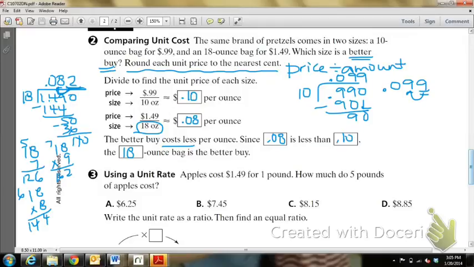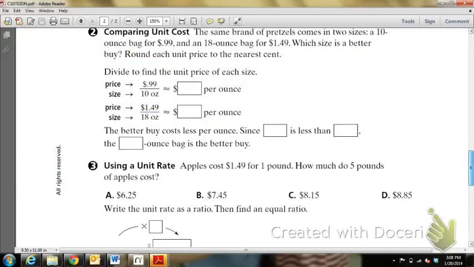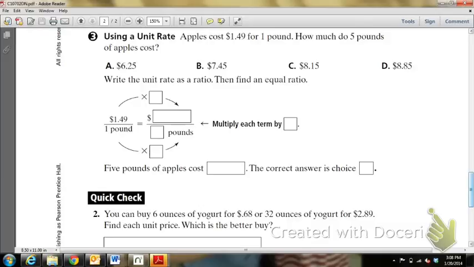Okay, so now let's use our unit rate to answer the next question. What if they tell you that apples cost $1.49 for a pound? Well, this happens at the grocery store all the time. So if apples cost $1.49 for 1 pound, how much do 5 pounds of apples cost? Okay, well, that's easy enough. They're going to show this using a ratio, but if 1 pound is $1.49, and I want to know how much 5 pounds cost, well, didn't I just multiply by 5?